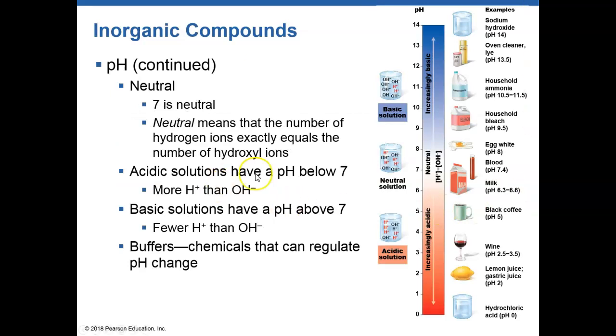So the pH of water is 7. That's what the water should be, because water is supposed to be completely neutral. Typically when you look at tap water and stuff, it's not quite neutral.